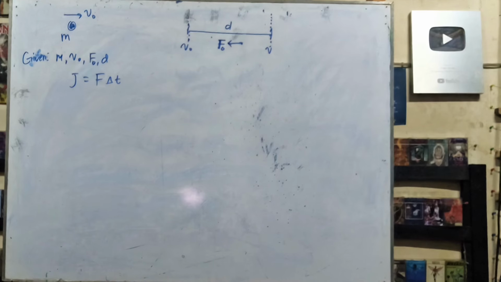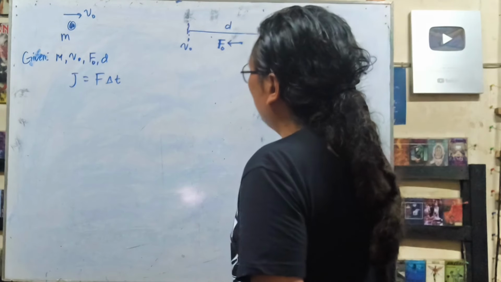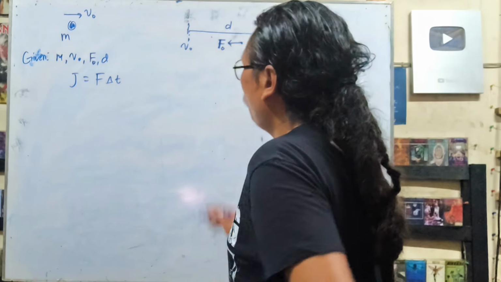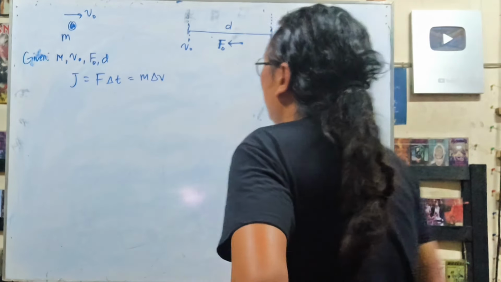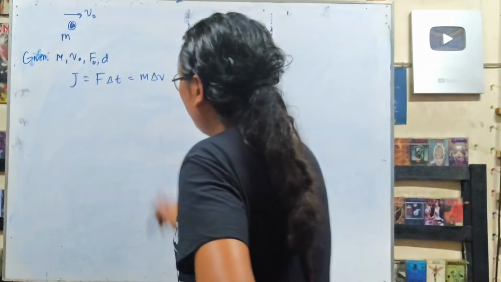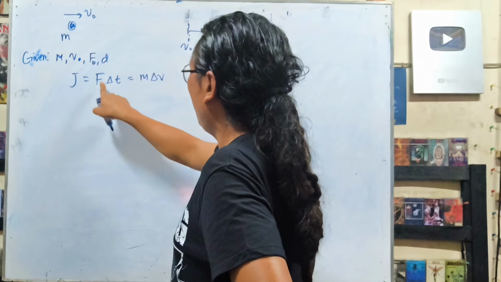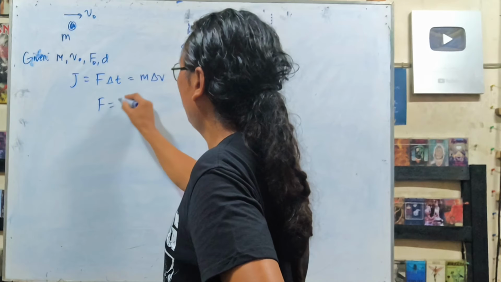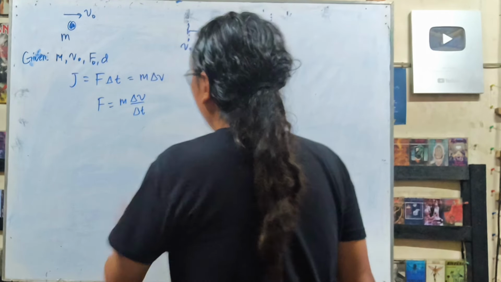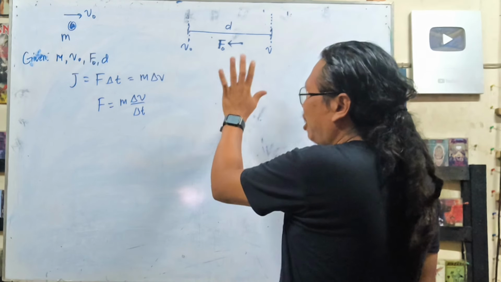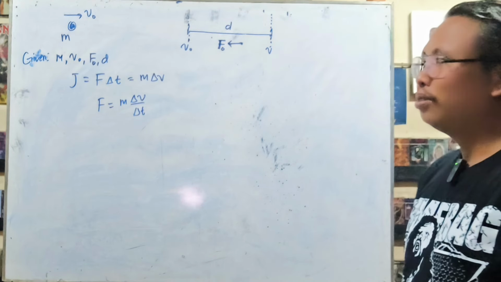We can find the impulse right there, or just the momentum, which is equal to m delta v. As you can see, F is equal to m delta v over delta t, and this is actually just an impulse and momentum problem.